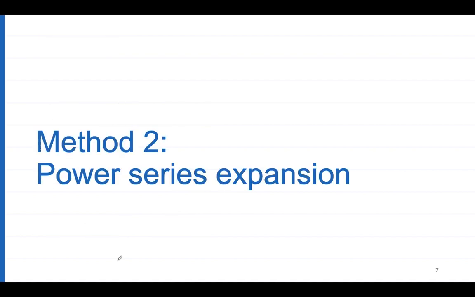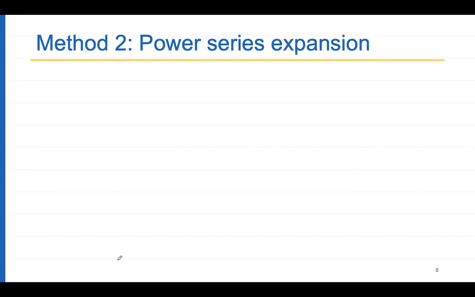Okay, so the next method which I can use to find inverse Z transforms is power series expansions. What does that mean? It means if I am given X(z), it is basically the summation over all n of x[n] z to the power minus n.